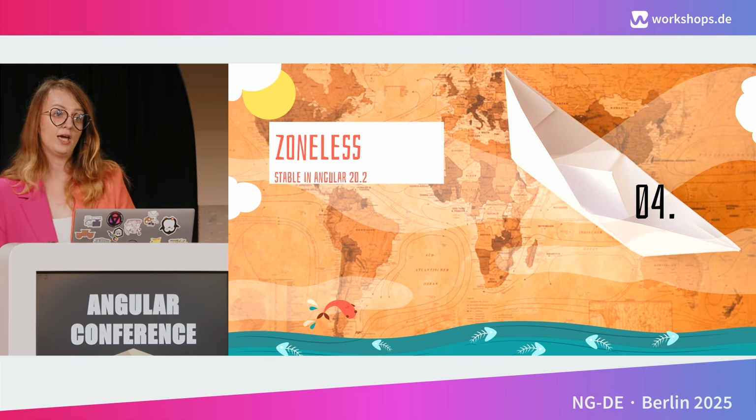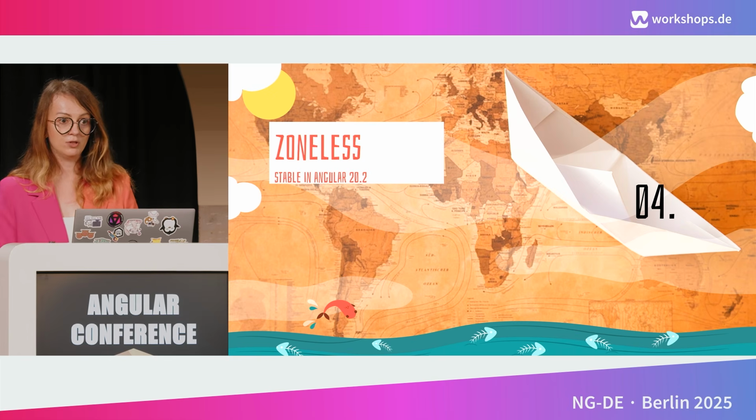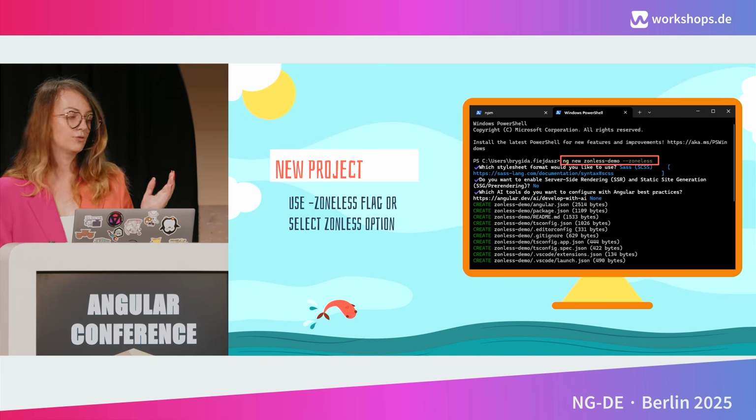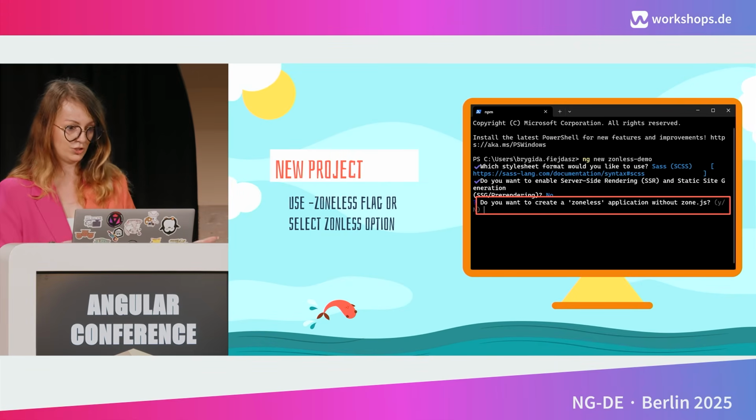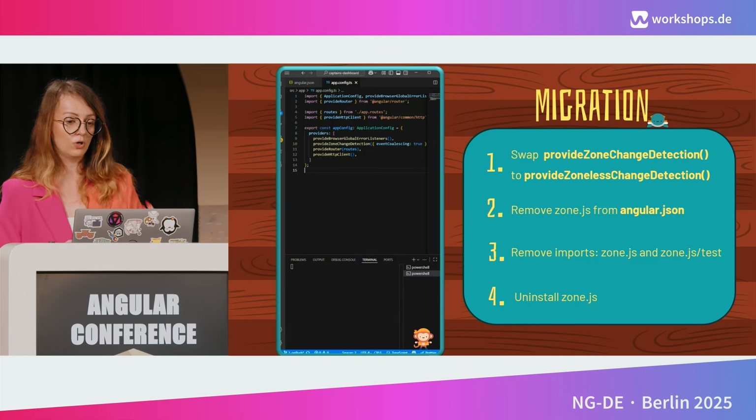So the zoneless API is stable since Angular 20.2. So it's pretty new. It's super easy to create a new project which is zoneless. Just add the zoneless flag, or wait for the question. If you want to migrate your existing application, you have to follow a few steps.